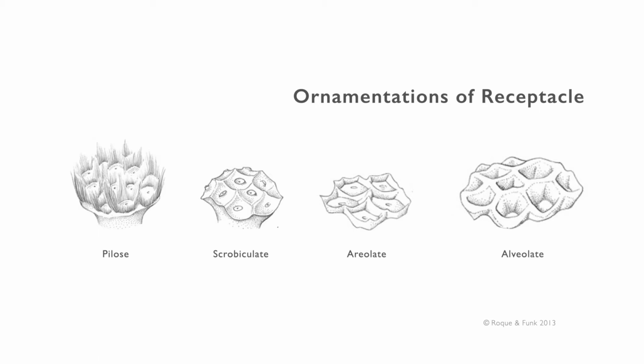You can see on the left that in certain cases we have very conspicuous trichomes surrounding the places where each flower was attached to the receptacle, and then you have different degrees of honeycombed structures on the surface of the receptacle. Depending on how tall the walls of that honeycombed structure are, we will have different terms. But this is just a sample of the different forms that could occur in that particular character.